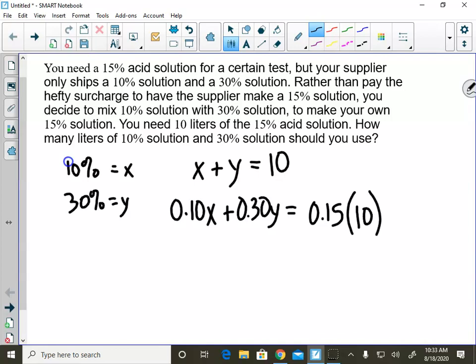So again, X is how much of the 10% solution, how many liters, and Y is representing how much of the 30% solution.